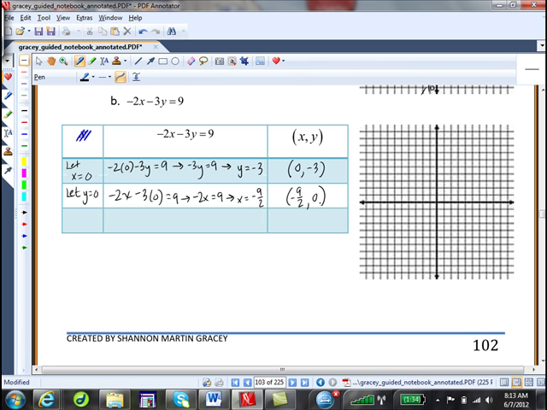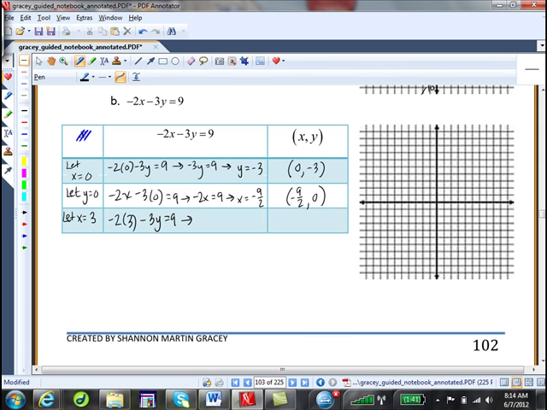And then our checkpoint. Why don't we let x equal 3. I'm just making it up. I thought that might work out well. And here we go.